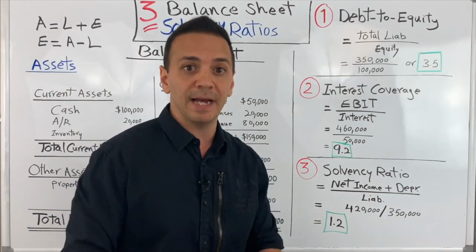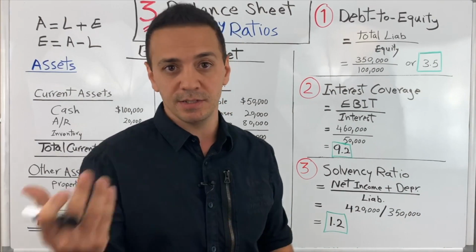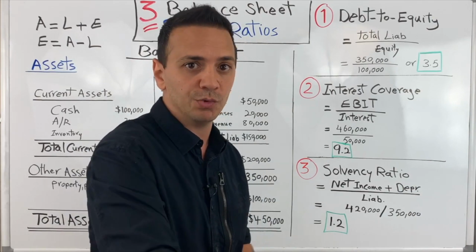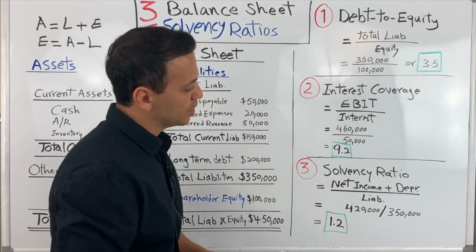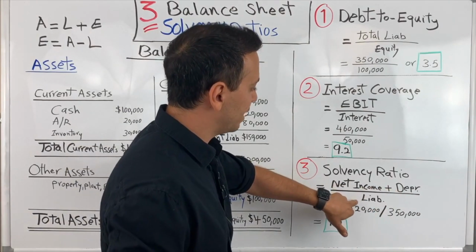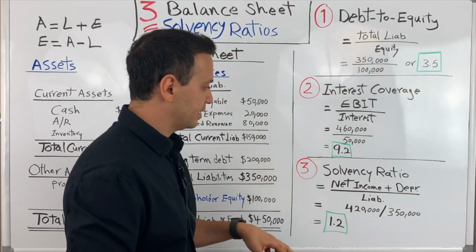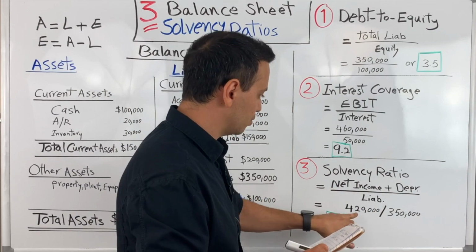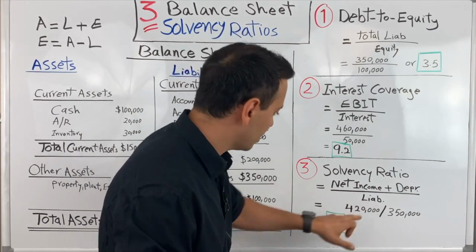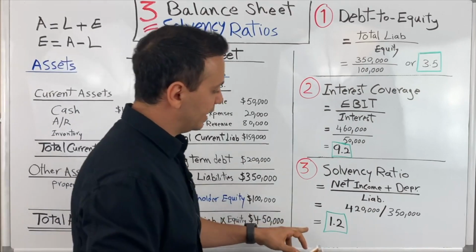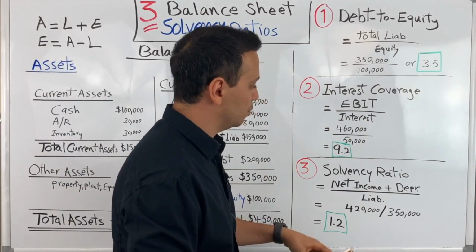If you take net income and add back depreciation, since depreciation is a non-cash expense, there's no cash going out when you have a depreciation expense. So you add that back, which basically is free cash flow, divided by total liabilities. In this case, net income plus depreciation is 420,000 divided by total liabilities from the balance sheet here, 350,000. You get a multiple of 1.2.